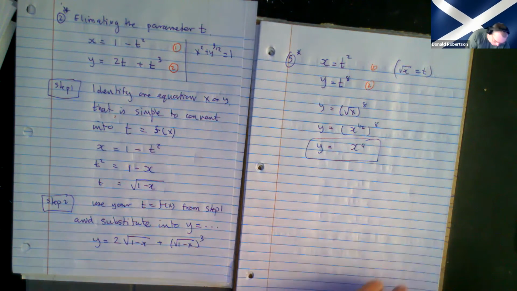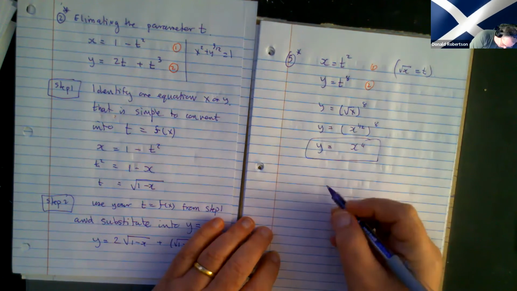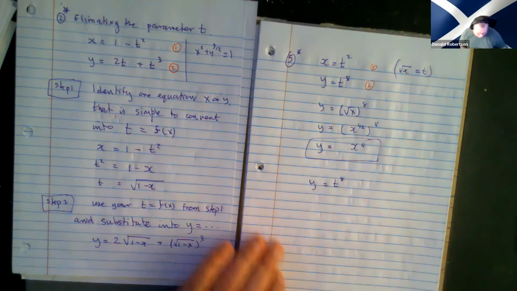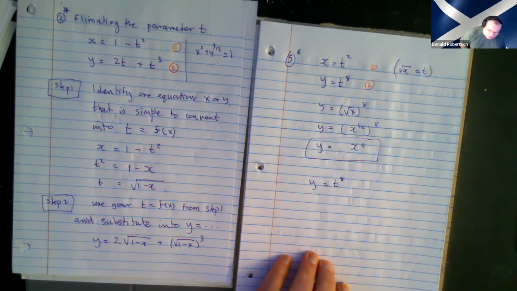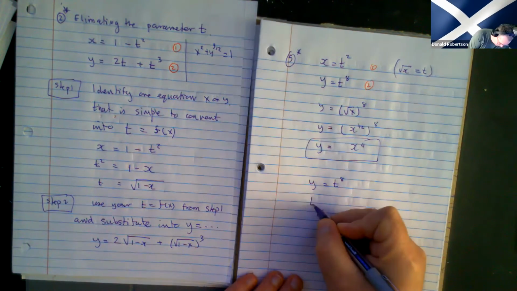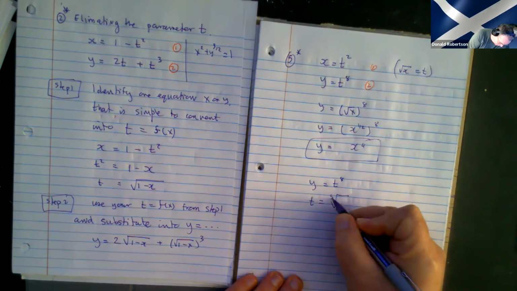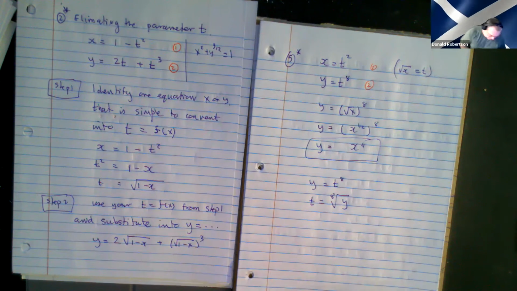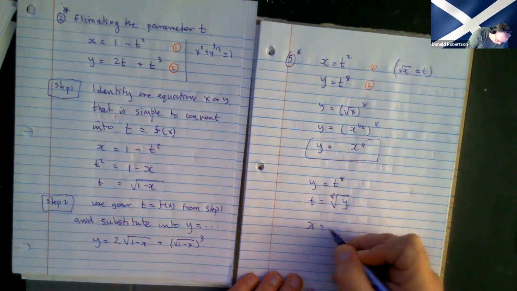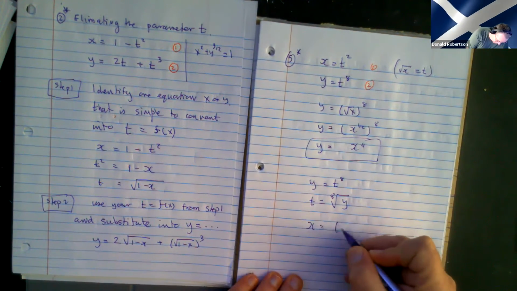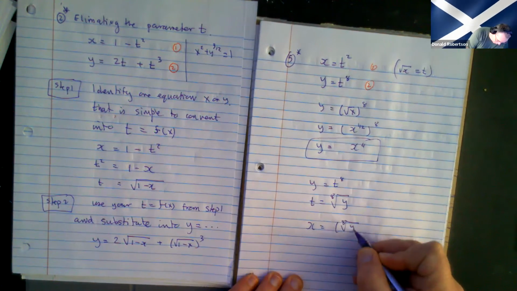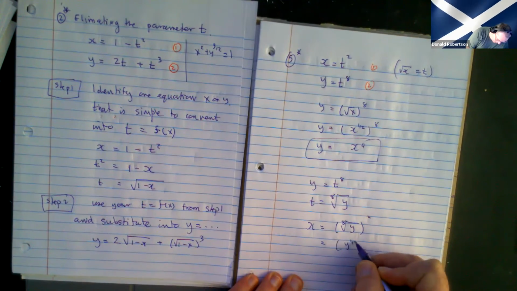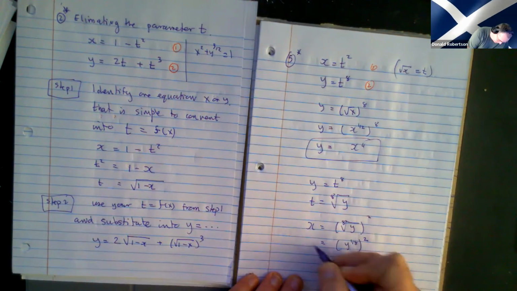And I said there were 2 answers. Well, if I decided, because I felt like it, to do that, then wouldn't t be the 8th root of y? And then if I go x equals t squared, it becomes x equals the 8th root of y squared, which I can call y to the 1/8 squared.